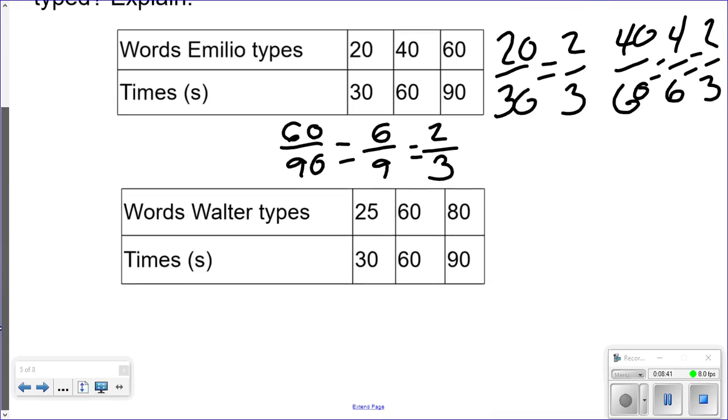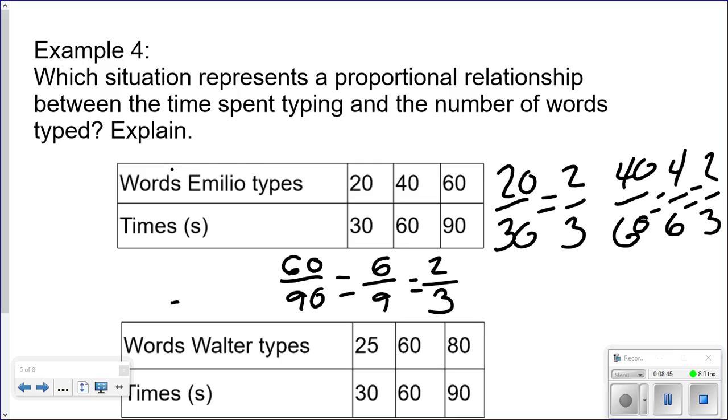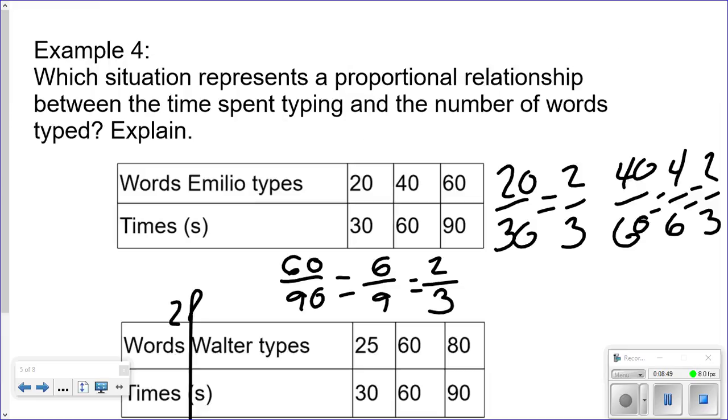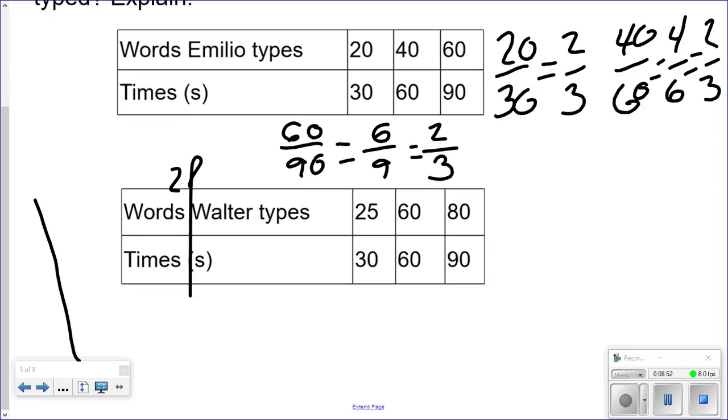I'm going to check the second part just to make sure this isn't a trick question. If I have 25 over 30, and I have to find the unit rate, I'm going to divide by 5. 25 divided by 5 is 5. 30 divided by 5 is 6.